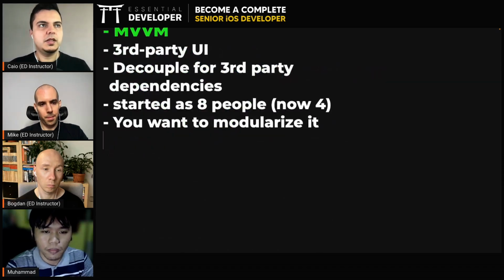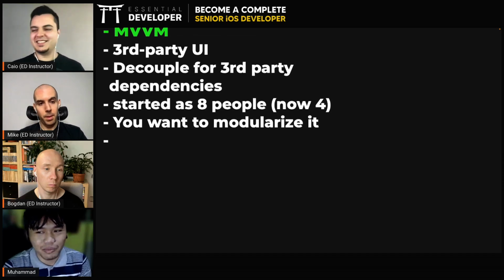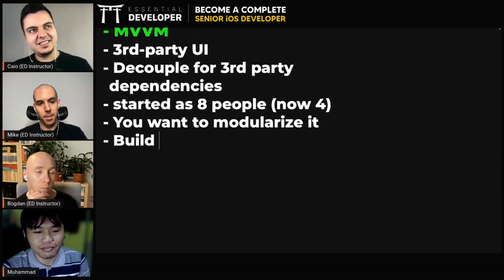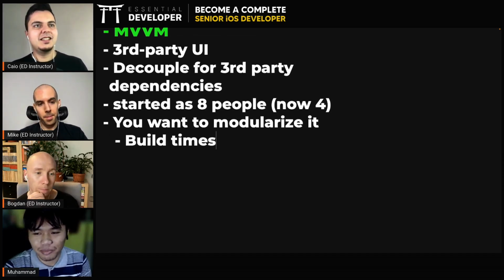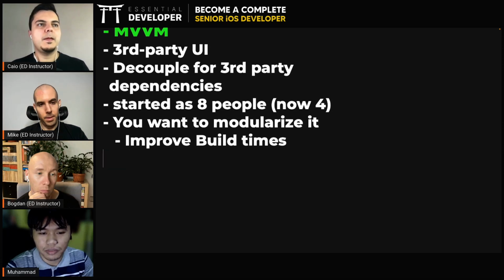Yes. Mainly, what are the reasons you want to create modules? Because the monolithic approach costs us a lot of build time and is hard to debug. Whenever we try to debug something, we have to build the whole application and it slows down a lot.